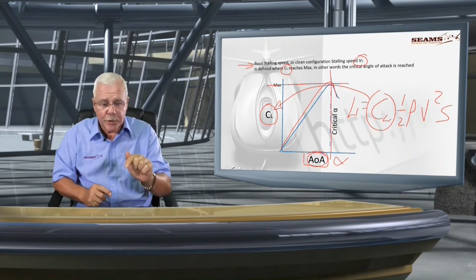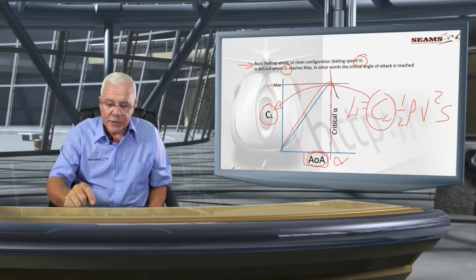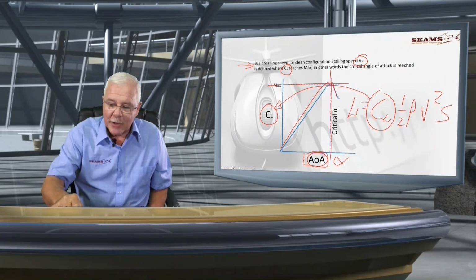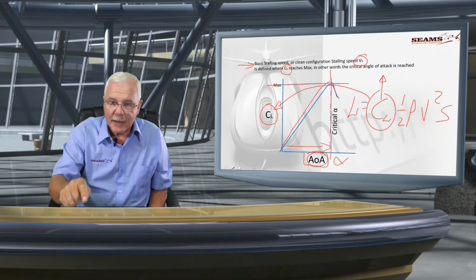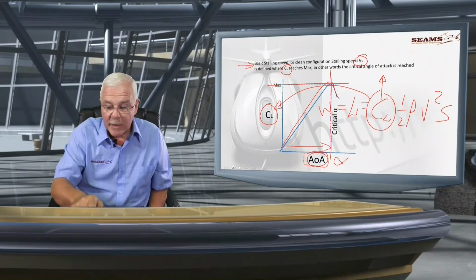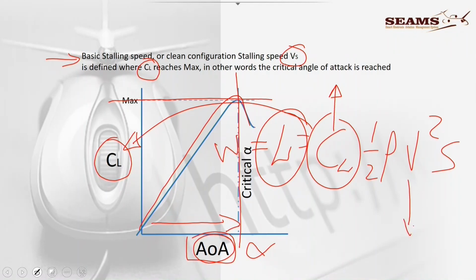However, for now, I need you to understand that as we go closer and closer to the stall, the coefficient of lift or the angle of attack is going to be increased until a time, well, obviously, if lift equals weight, in other words, lift must stay a constant, then we'll see that the velocity has to decrease in order for lift to be equal to a constant.